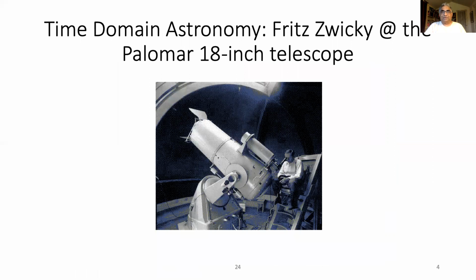While awaiting the completion of the 200-inch project, Zwicky was busy with a whole bunch of ideas, including a systematic time domain survey of the universe with an innovative, for that time, wide field telescope with which he photographed the sky repeatedly and found supernovae. In fact, for a very long time, Zwicky had the record of the number of supernovae found by one person.